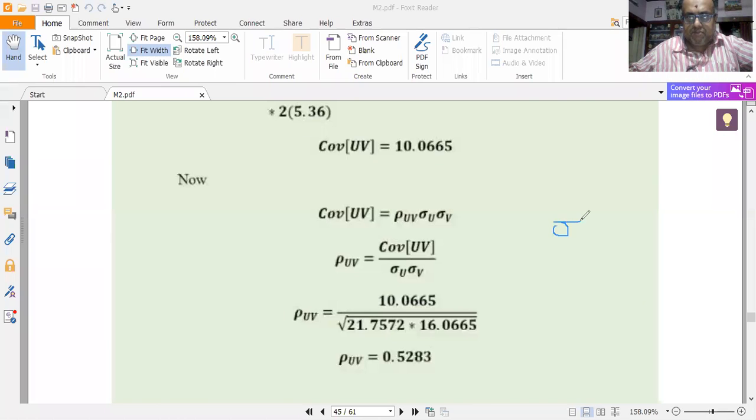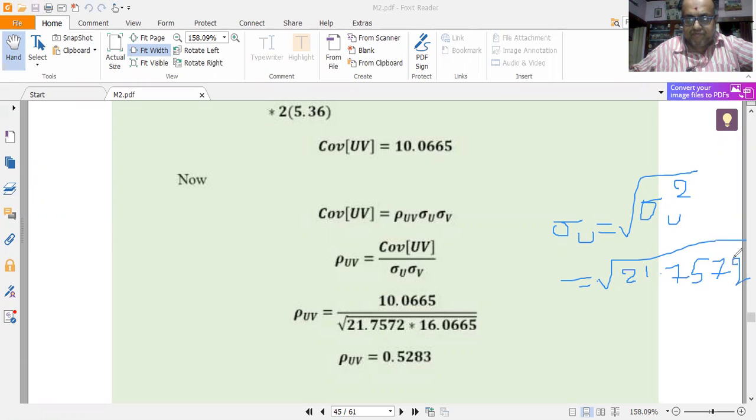Now sigma u is given by the square root of sigma u squared, that is the square root of 21.7572. Sigma v is given by the square root of sigma v squared, so this is the square root of 16.0665.